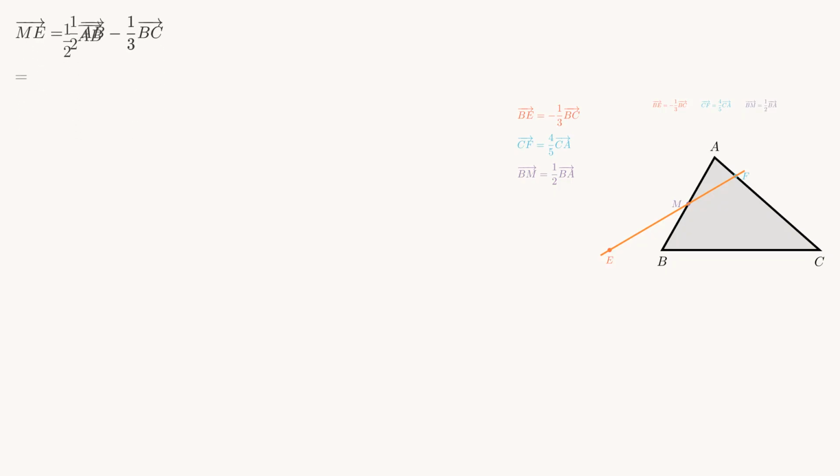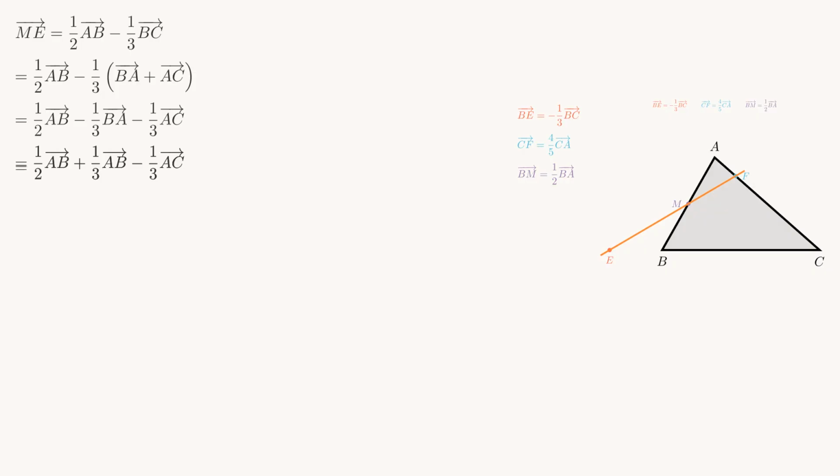Now, our goal is to have only AB and AC. We decompose BC. BC is BA plus AC. We distribute the minus 1/3. That gives minus 1/3 of BA minus 1/3 of AC. Minus 1/3 of BA is plus 1/3 of AB.